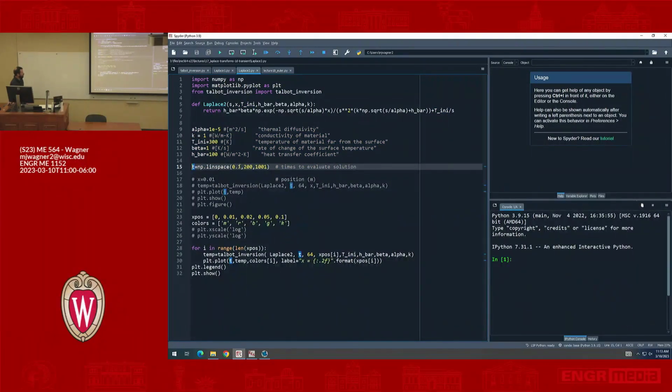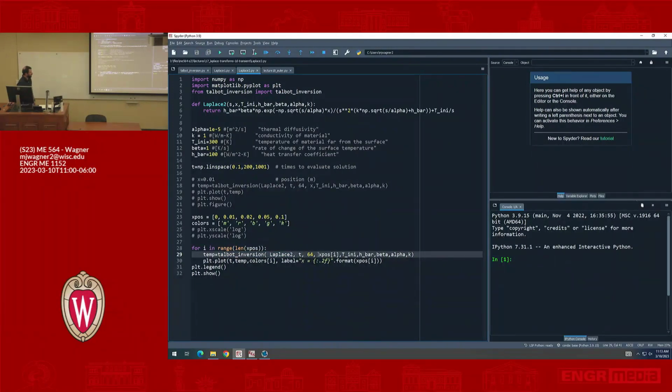That time vector should not start at 0, because inverse Laplace numerical approaches cannot evaluate it at 0. We're going to go to 200 seconds with 1,001 time steps. I'm going to evaluate this at different x positions just so we can see what it looks like. Down here, I'm calling this function at all these times at once for a list of all the x positions.